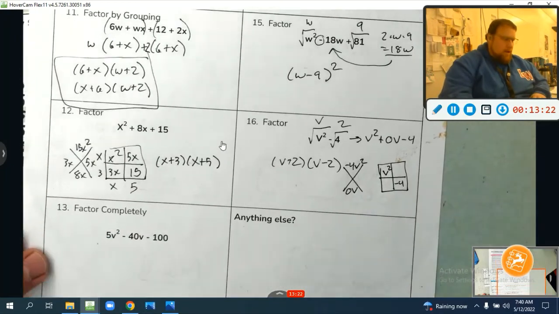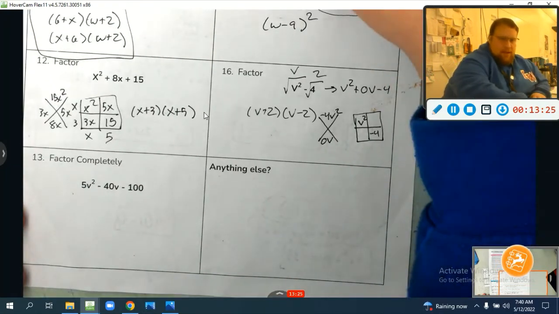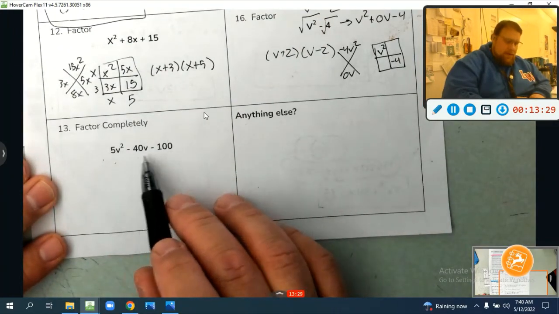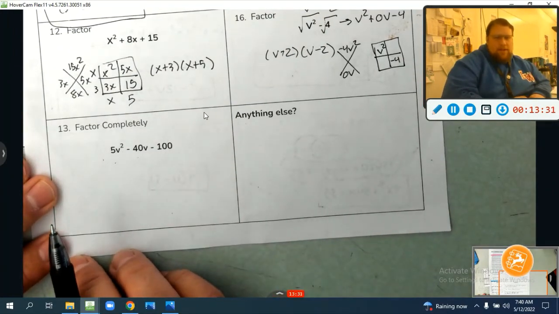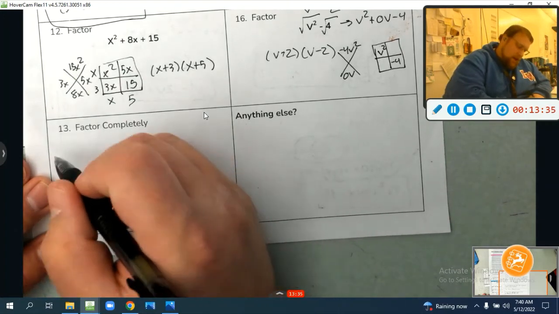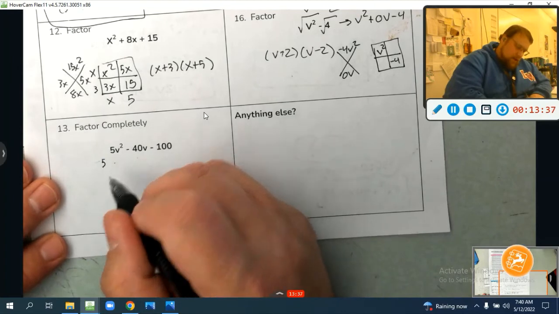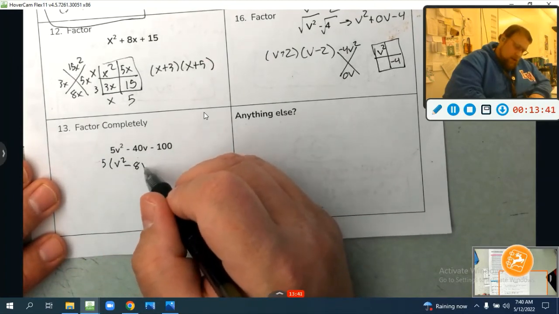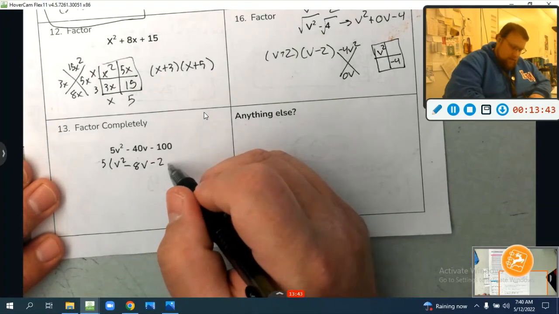All right, our very last one. It says factor completely. It probably means you can pull a common factor out of this. What's common between 5, 40, and 100? Well, 5 is. So this is going to be 5 times what? V squared minus 8v minus 25.